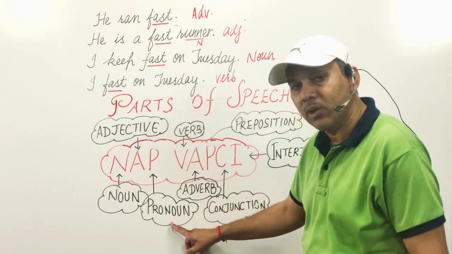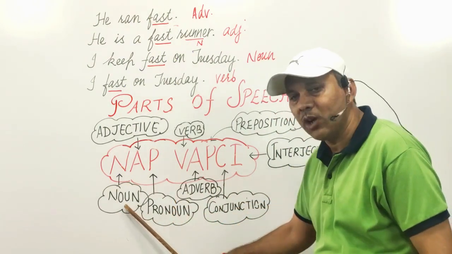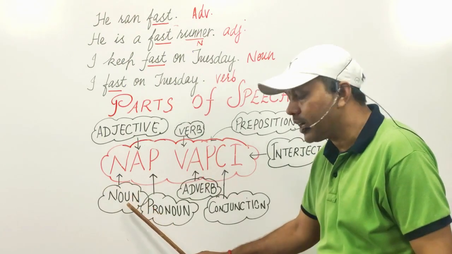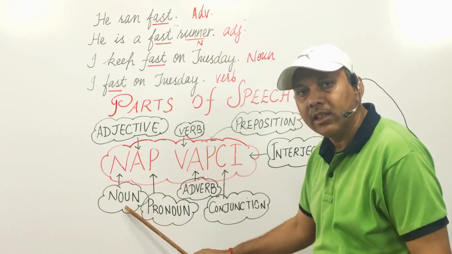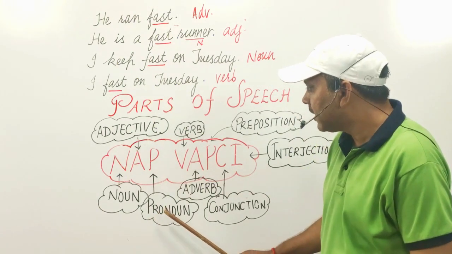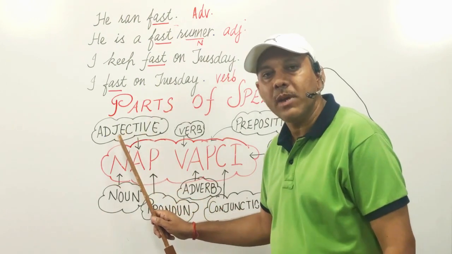Next is pronoun. Pronouns are replacing words. They replace nouns. Pronouns are the words which can be used in place of a noun. Why? To avoid the repetition of nouns in the sentence or to bring variety to the language. The third is adjective. Adjectives are known as describing words.